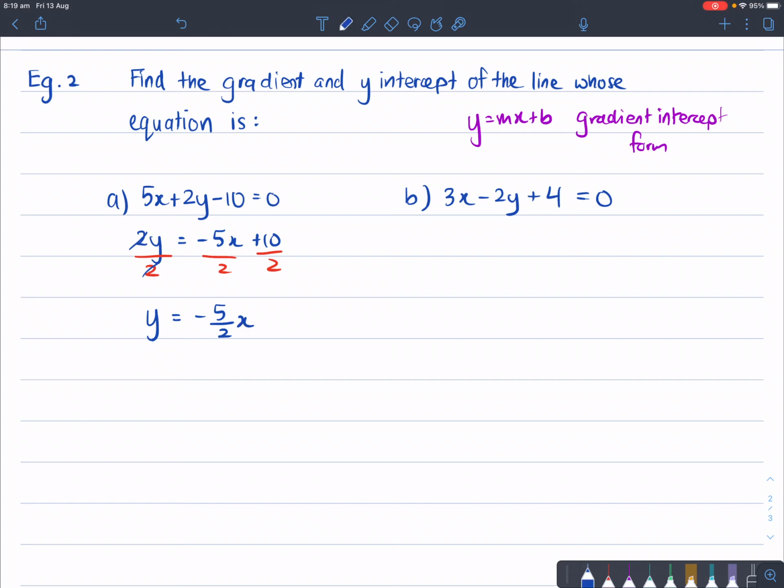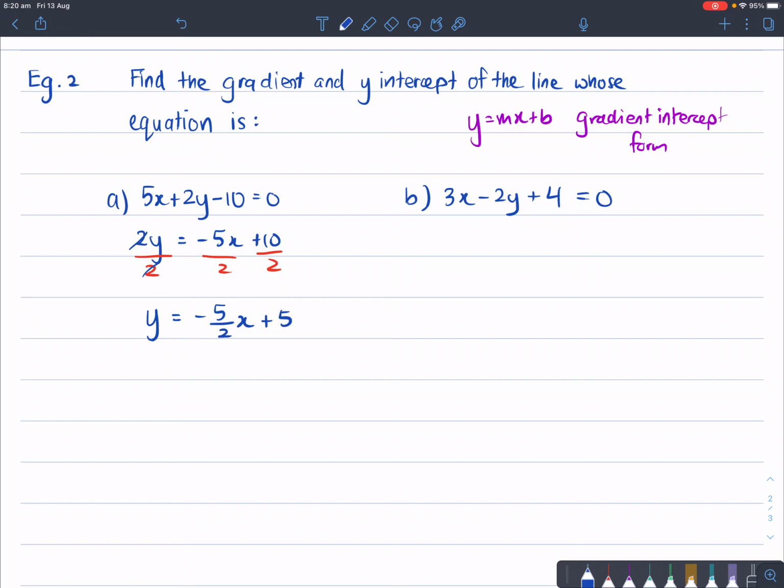Just mentioning that negative 5x over 2 is the same as negative 5 over 2x, so they're the same thing. Then we still have to write down that plus 10 over 2, but we can simplify that. That would get us basically number 5.